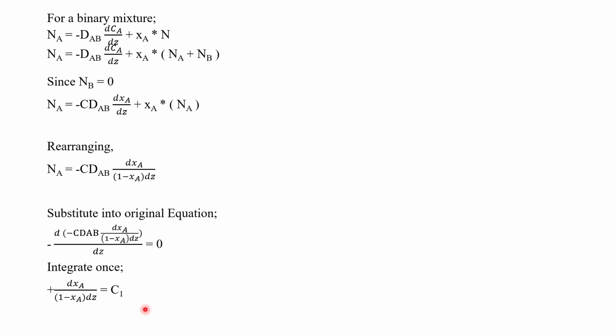The product of C and DAB is a constant and can be taken out of the differential and moved to the RHS as 0. So when we integrate it once, we are left with dXA by dz equal to C1. So we integrate it once and get the constant C1.